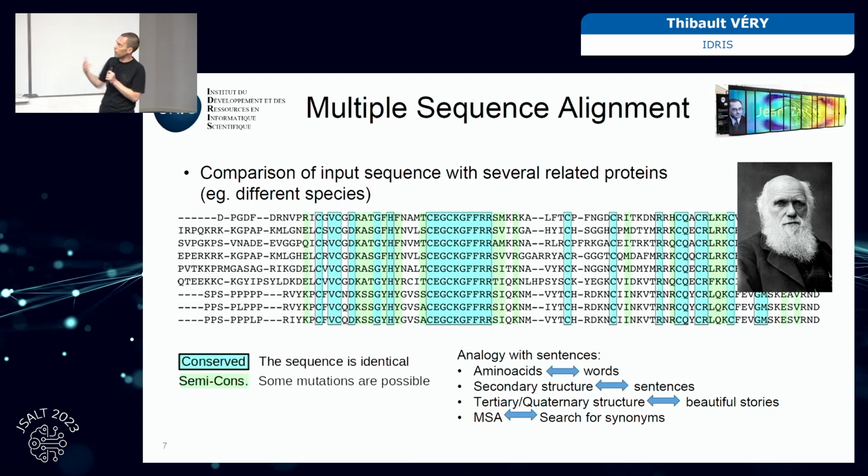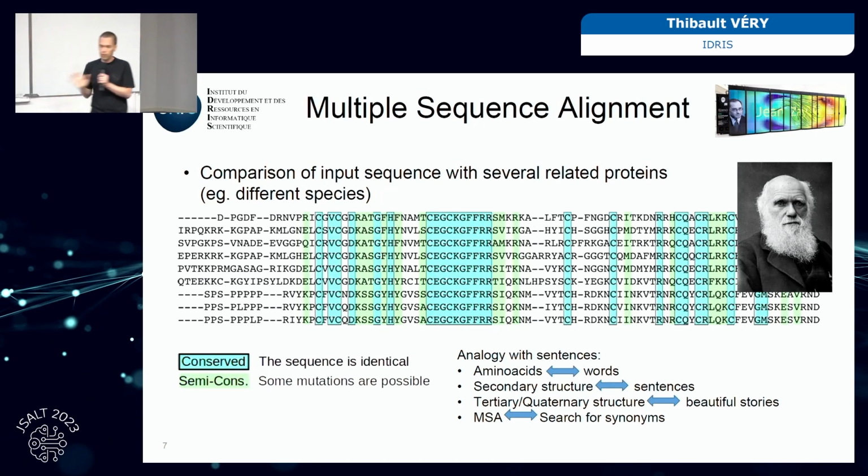So if we have a mutation, it's not selected by evolution, and it's really important. But in some other parts, we have more freedom. In some parts, you can change some amino acid by another and it will not break the function. But if you change it by another amino acid, it will break the function. And for some other parts, you will have complete freedom because it's completely flexible.